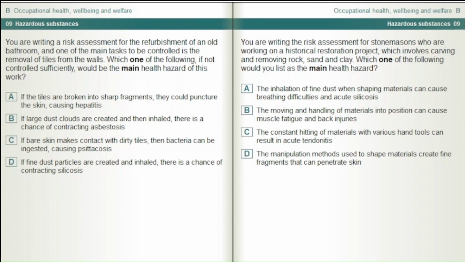If large dust clouds are created and then inhaled, there is a chance of contracting asbestosis. If bare skin makes contact with dirty tiles, then bacteria can be ingested, causing silicosis. If fine dust particles are created and inhaled, there is a chance of contracting silicosis.